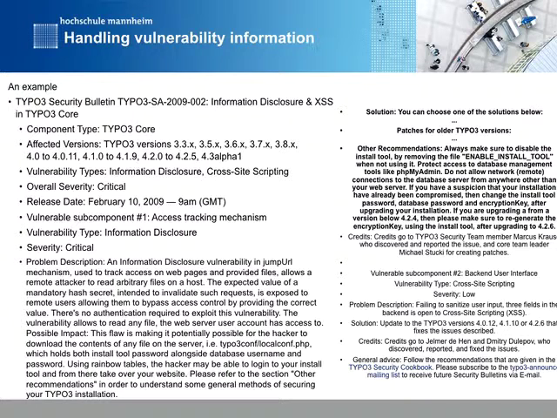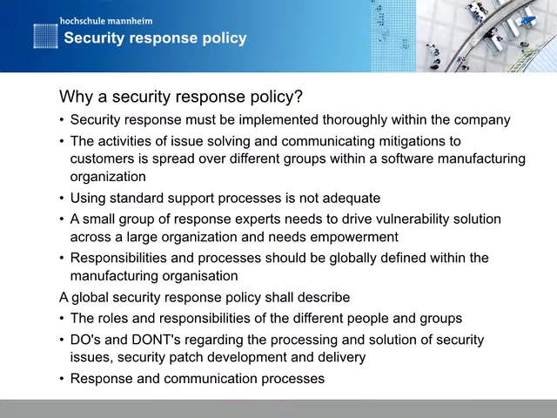You see how this is structured, and you could look a little bit deeper if you want to. A security response policy is then the policy that describes how your company is going to handle all this: how to communicate, when to fix, and so on.